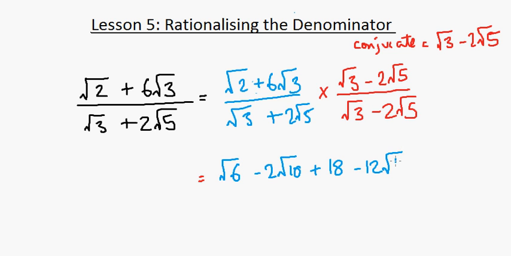Root 15, then all over root 3 times root 3 is 3, and then they cancel out the 2 root. Basically, when you times 2 root 5 times root 3 is 2 root 15, and then root 3 times minus 2 root 5 is minus 2 root 15, so they cancel out.